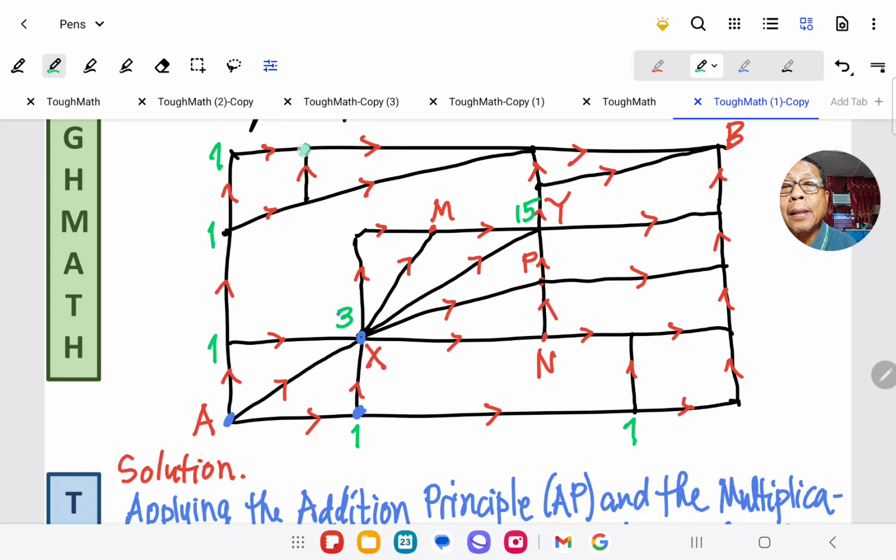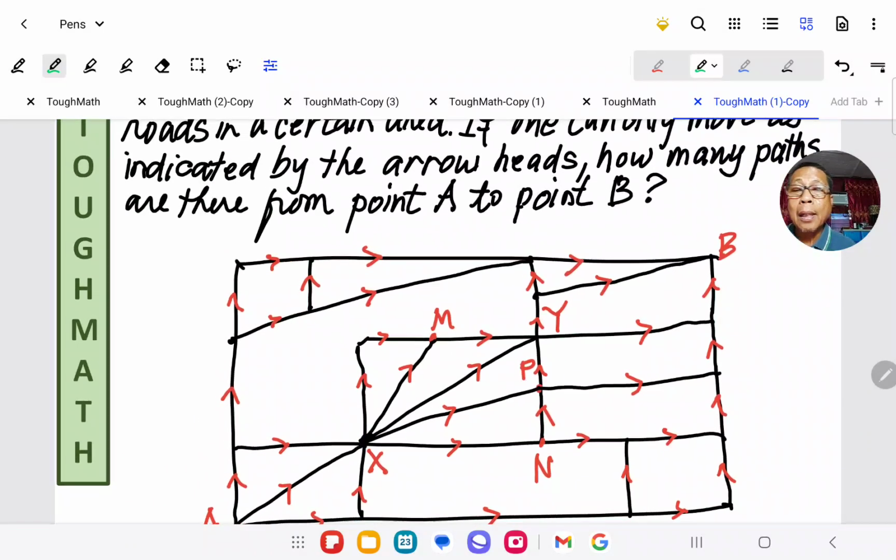But this one here must be 2, because either you go up from this juncture and then go right, or you just go from this to this point and then go up. So that's 2 ways.